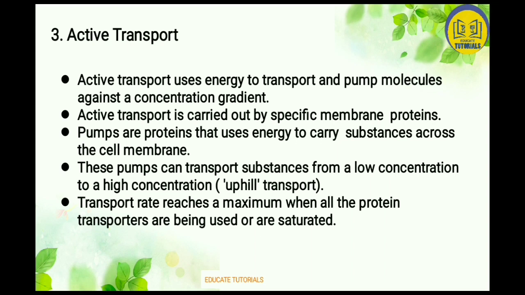When the transport reaches the maximum, when all the transporter proteins are utilized or saturated, the transport is at its maximum.